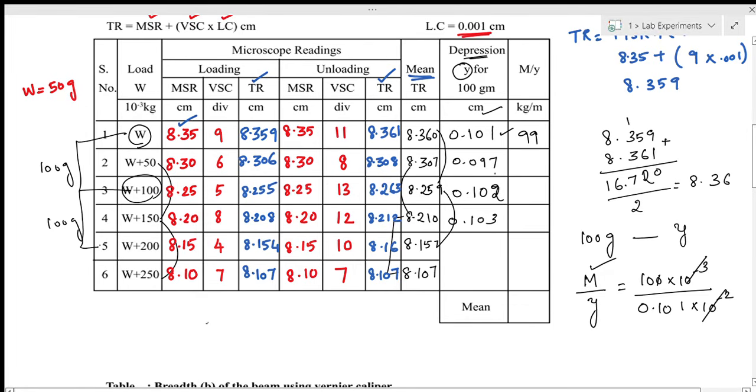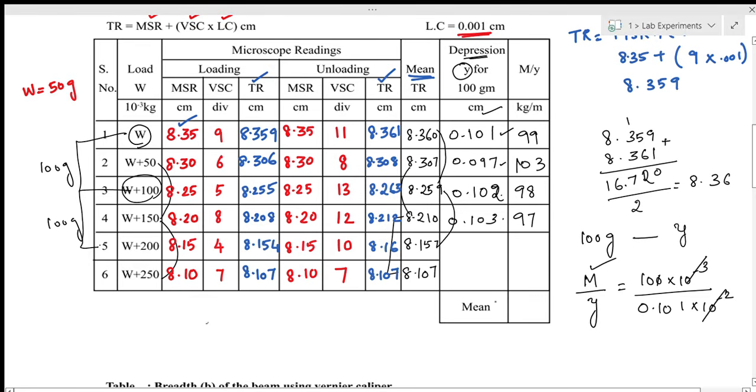The same applies for the next ones: 10 divided by 0.097, I got 103. Next is 10 divided by 0.102, so 98. Then 103, 97.